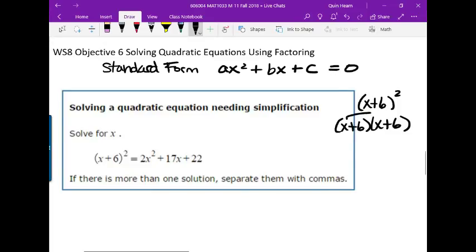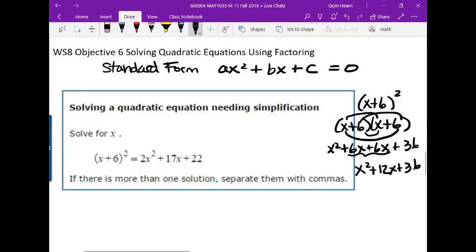So you would do first times first is x squared. Outer times outer would be 6x. Inner times inner would also be 6x. And last times last would be 36. And then the two terms in the middle turn out to be like terms, so this turns out to be x squared plus 12x plus 36.